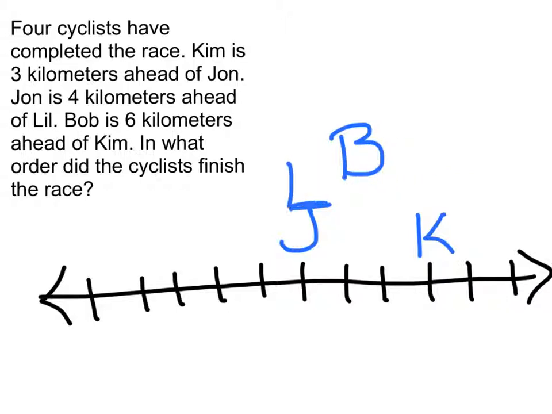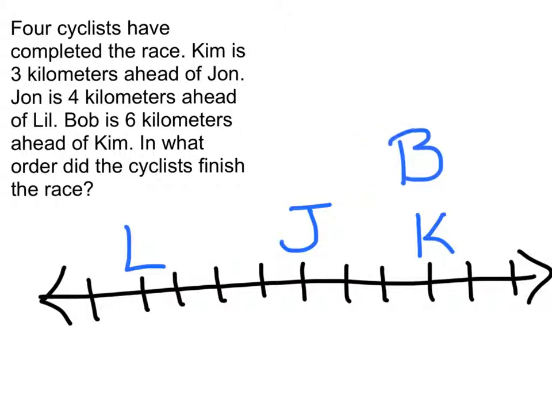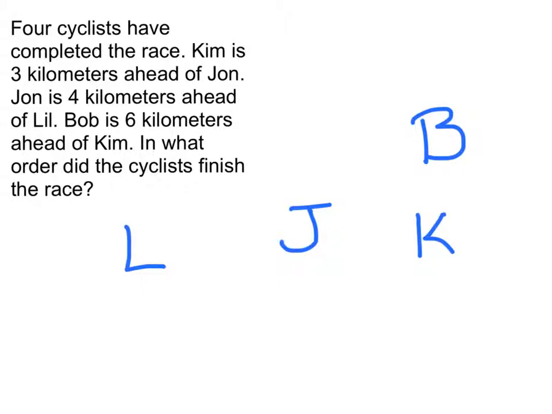So Lil is going to be 1, 2, 3, 4 kilometers behind John. Okay, then Bob is 6 kilometers ahead of Kim. So it looks like I did not make enough lines. And that might happen. So we'll go ahead and delete that number line.